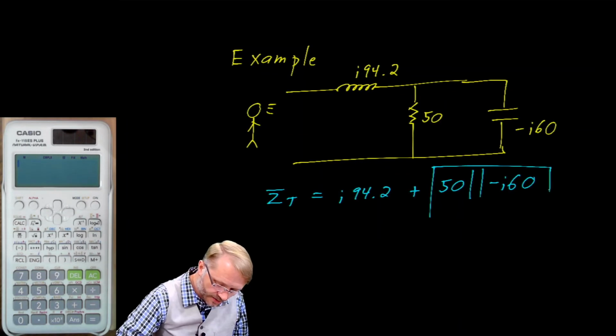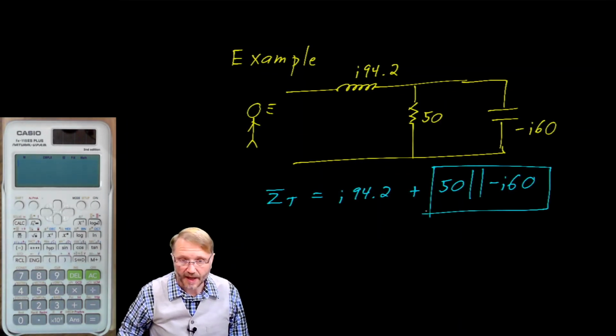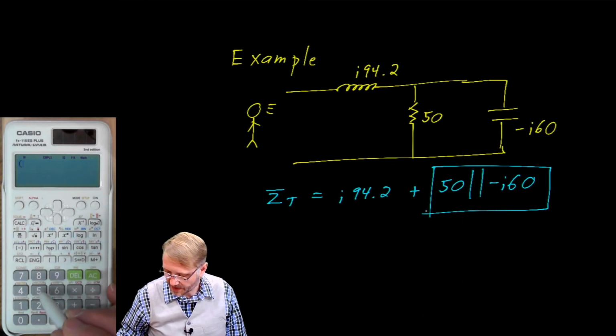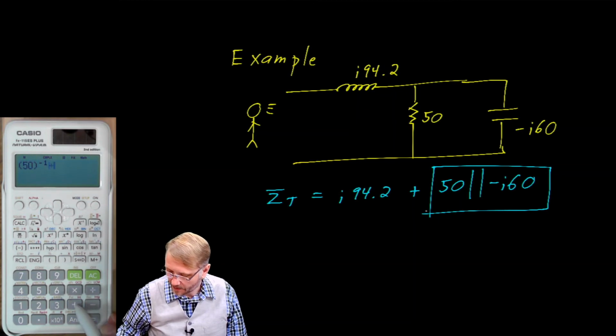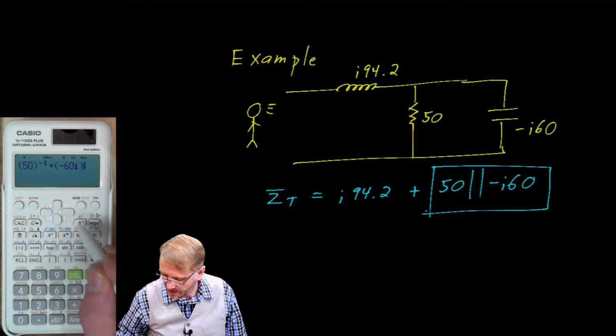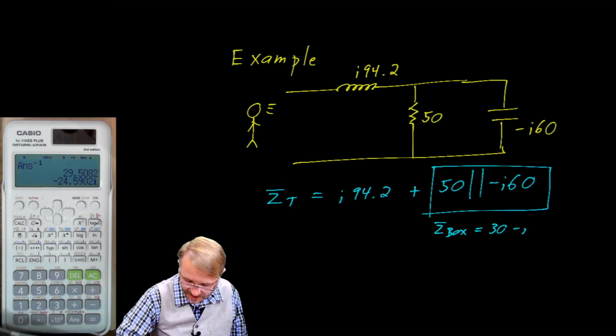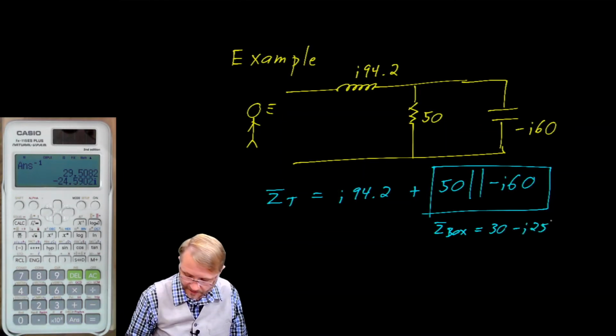What you do is you work this piece first and you lean very heavily on your calculator. So parenthesis 50, close, invert, plus parenthesis negative 60j, parenthesis, invert, equals, invert that again. The impedance of the box is about 30 minus j25.